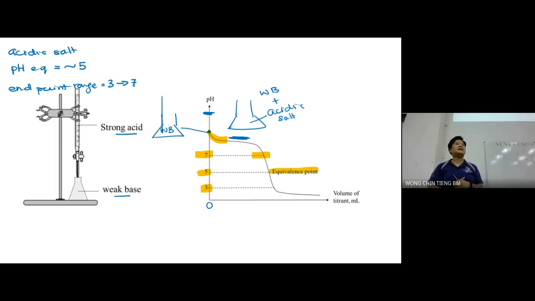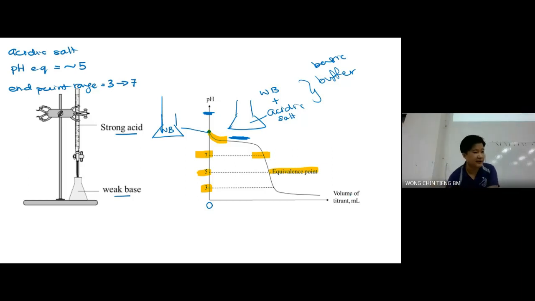Weak base with the presence of acidic salt. Weak base with salt. Noticed? That is your buffer. That is actually your basic buffer. The presence of weak base and its salt. Your weak base and your conjugate acid. Right? The presence of weak base and conjugate acid, that is actually your basic buffer.